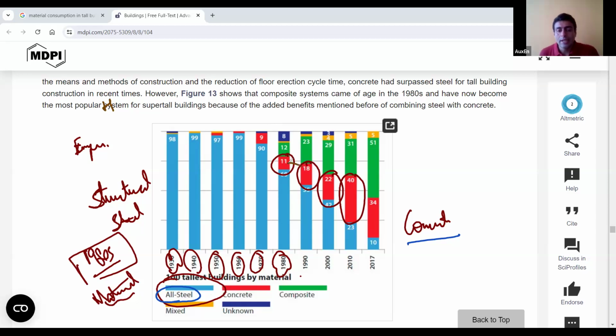So now you see a trend where more and more concrete is being used post 1980s and the steel consumption is going lesser and lesser. A reason for this is also that the building of tall started shifting to Asia and West Asia and Southeast Asia in the decades 1980s, 1990s, isn't it?